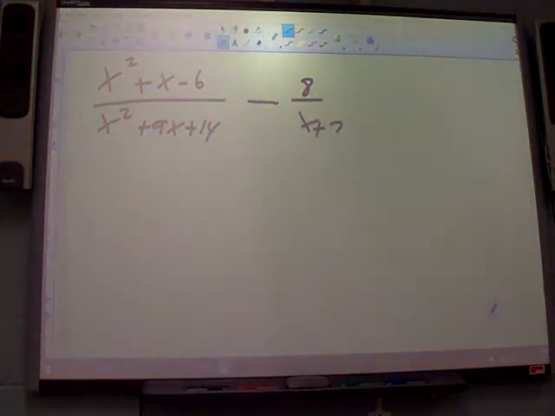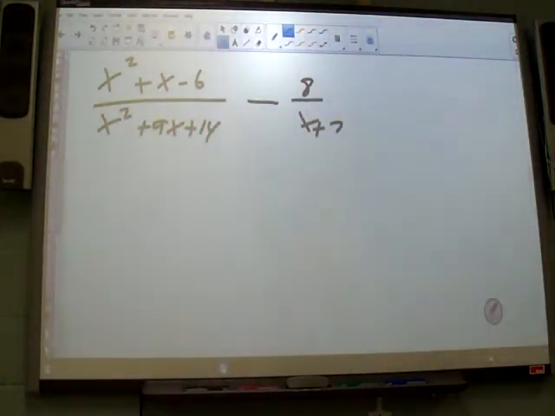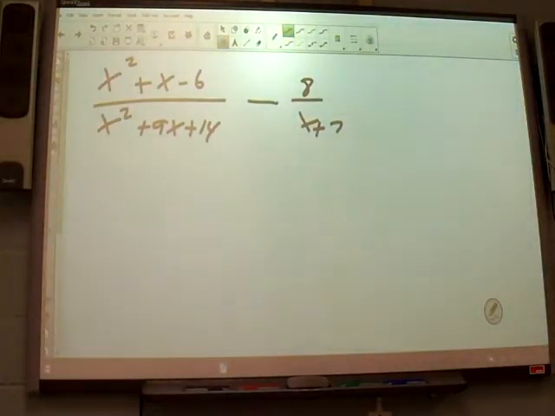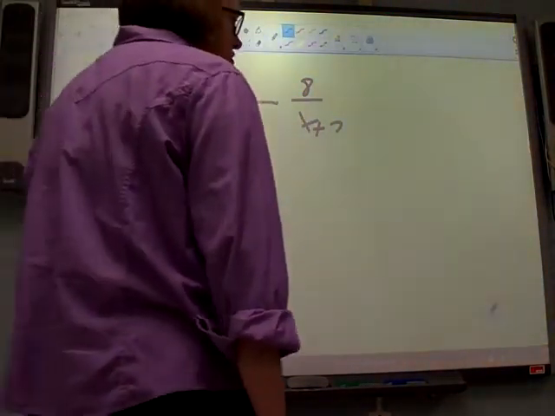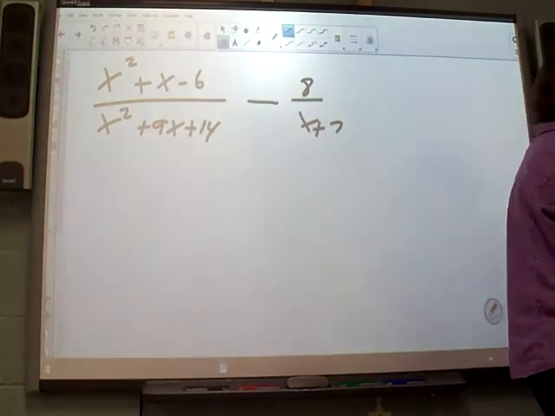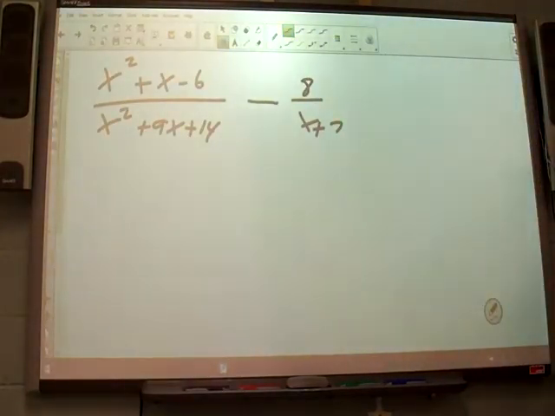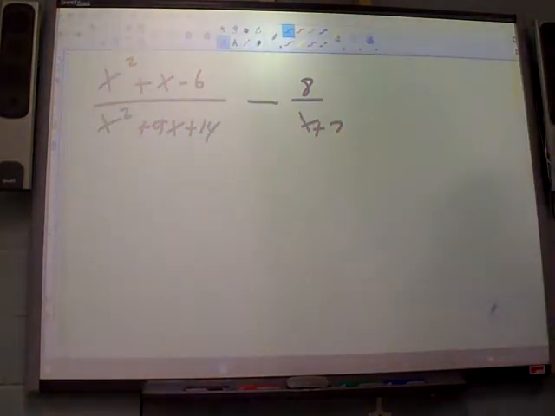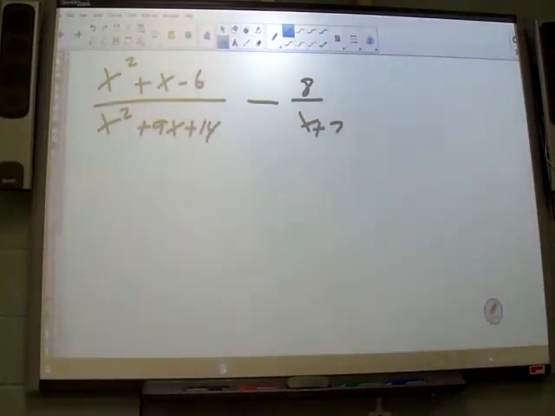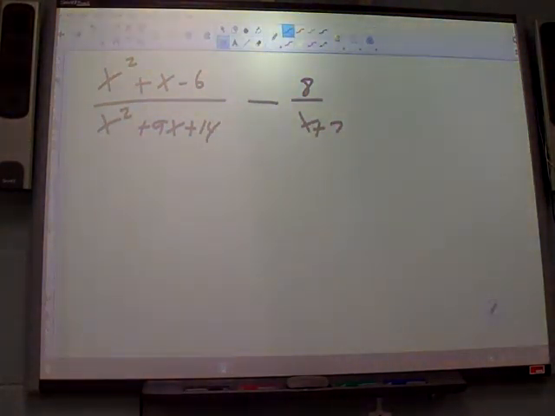Okay, so we got trinomials, binomials, a monomial. We got it all cracking here, and we got subtraction, and we know we can't add or subtract fractions without a common denominator, so we got to find a common denominator. Grant knows that in order to find a common denominator, we need to factor and see what parts are there. So Grant, how does this denominator factor? 7 and 2.